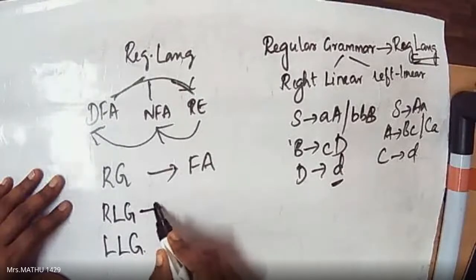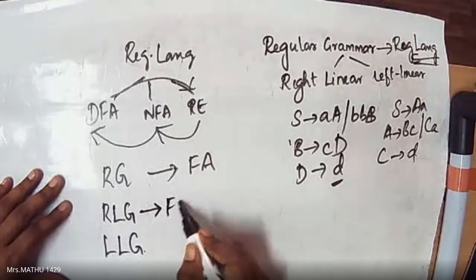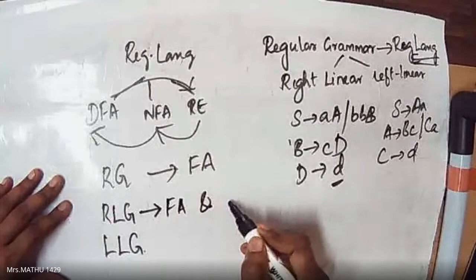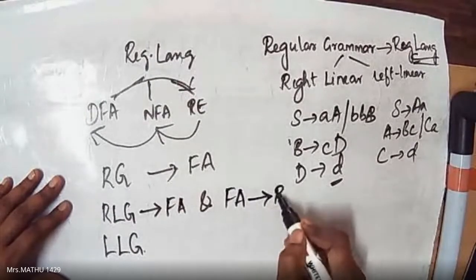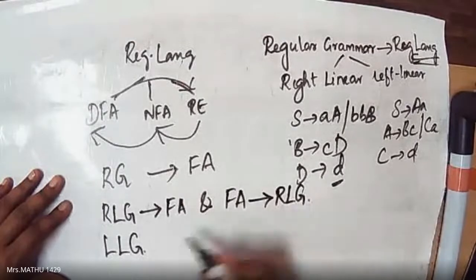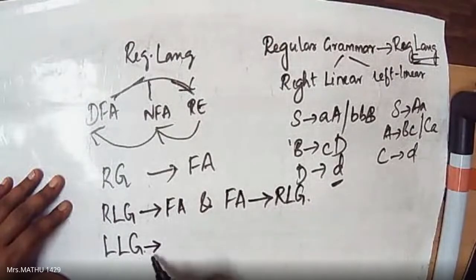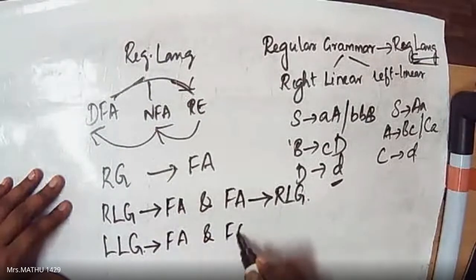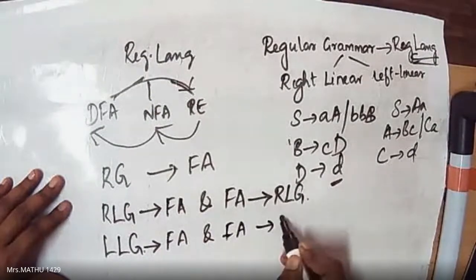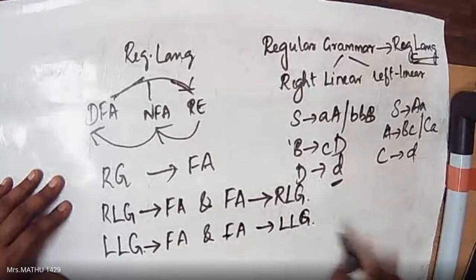So you'll be able to convert right linear grammar to finite automata and vice versa. Similarly, left linear grammar can be converted into a finite automata, and from finite automata, you can convert it into a left linear grammar.